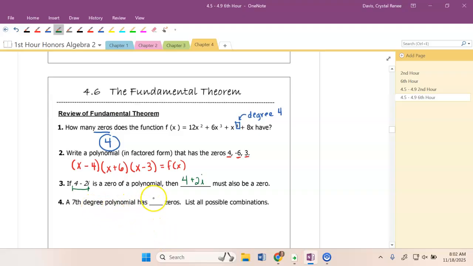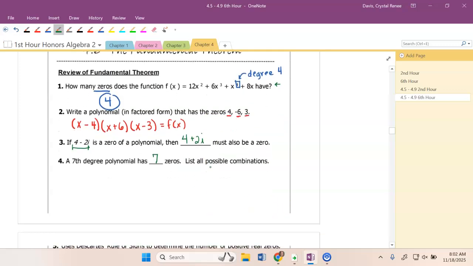A 7th degree polynomial, this comes back to the same thing we did up here, has 7 zeros. Now list all combinations. Remember that we have to have an even number of imaginary solutions because they all come in pairs.